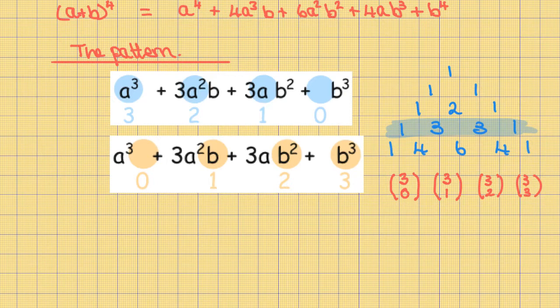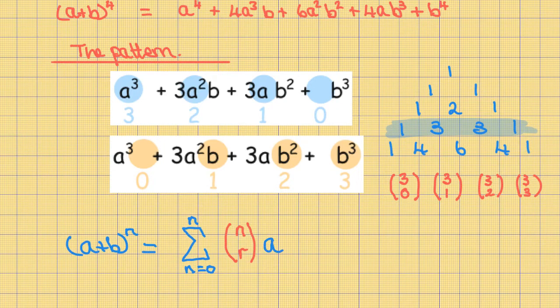We can now start to generalize for any expansion of a plus b to the power of n, which equals, we are going to sum a series of terms from r is 0 to n. The coefficient is n choose r. The term in a is descending, it is n minus r.